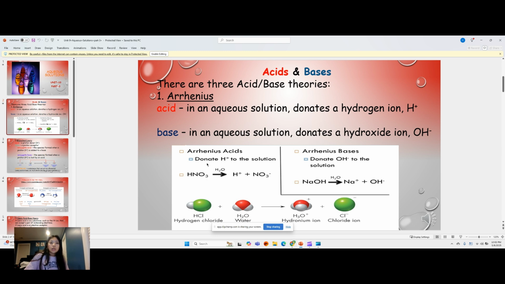If you look at this example, this is your acid, and it's going to turn into a hydrogen ion and nitrate.